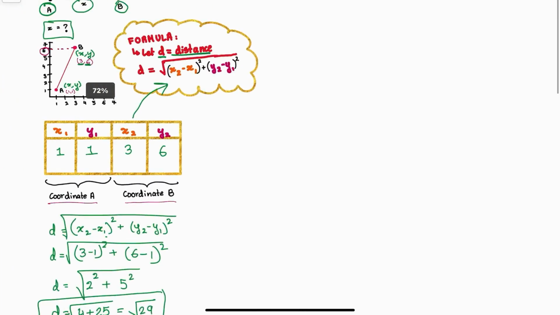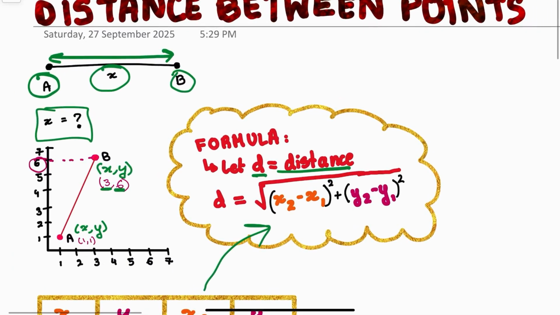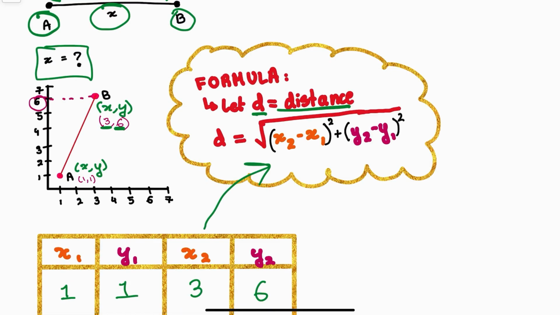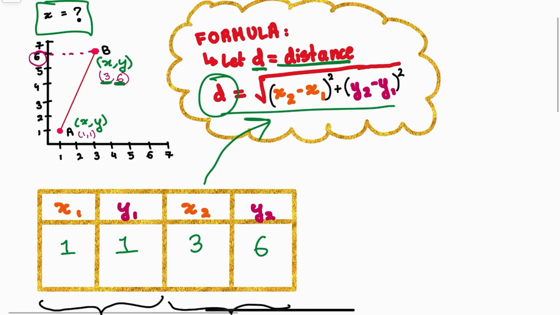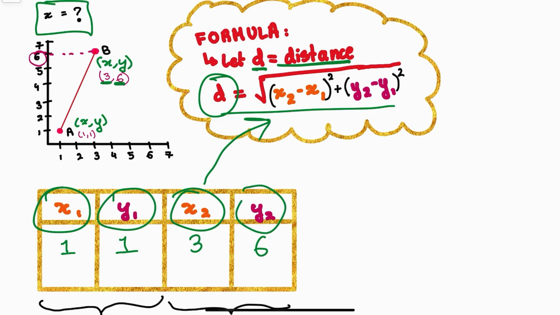So, in this video, what have we looked at? We've looked at the distance between 2 points. So in summary, we're finding how far apart 2 points are, and we're denoting that distance between these 2 points by d in this equation over here. This is our formula. So we're first finding the difference between the x values, squaring that, and adding that to the difference between the y values.